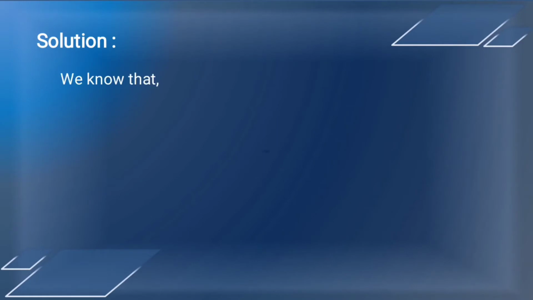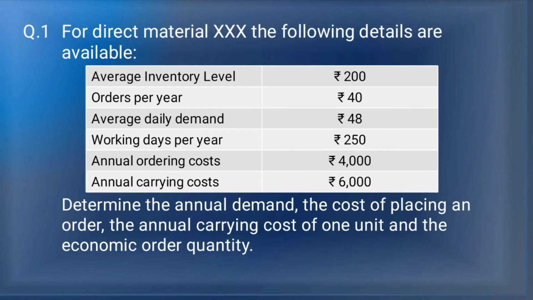We know that A stands for annual demand. In the given question, average daily demand is given and working days per year is given, which will be used to calculate annual demand, that is annual purchase.